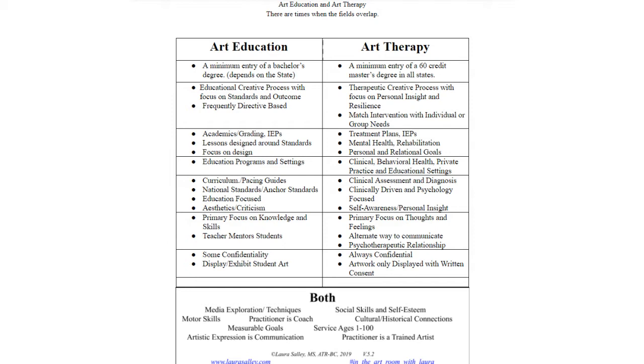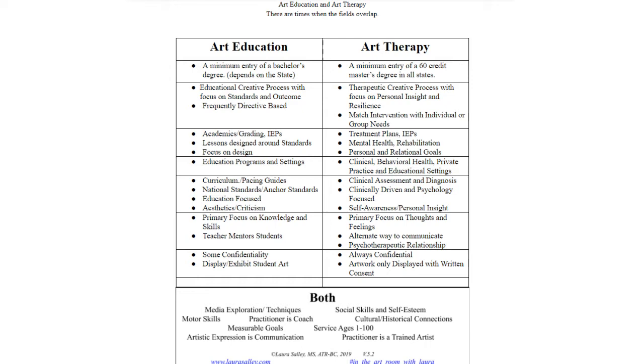But generally speaking, art therapy is going to be focused on a psychotherapeutic relationship between the art therapist and the client, and we're helping them reach goals that they have determined will help them reach personal insight and accomplish what they would like to accomplish in their lives.